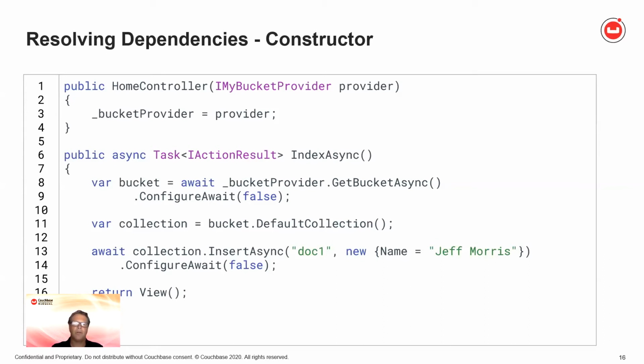So what we do is call await bucketProvider.GetBucketAsync, call ConfigureAwait(false), once again, to avoid deadlocks. And then on line 11, we open up a default collection. On line 13, we actually do our insert, and we await collection.InsertAsync, our key or document ID name, doc1, and then we pass in a document. Calling ConfigureAwait(false), and finally returning.